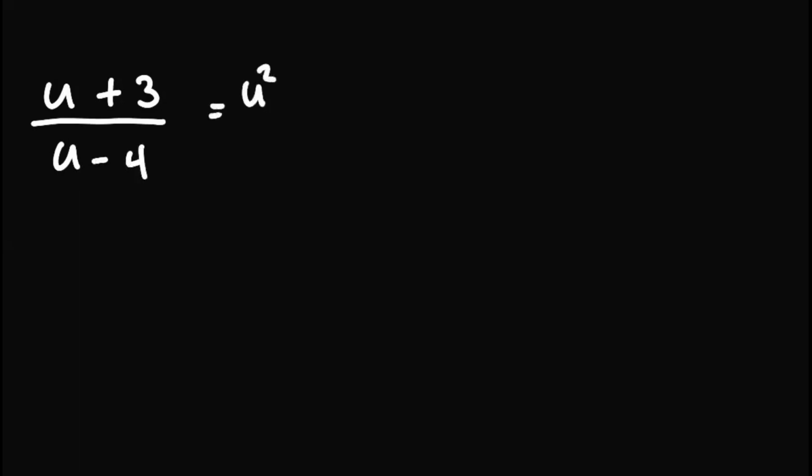Let's just have one final example to showcase the beauty in using this zero fraction method as compared to the cross multiplication method. If we have u plus 3 over u minus 4 equals u squared minus 1 over u cubed minus 3u minus 4.